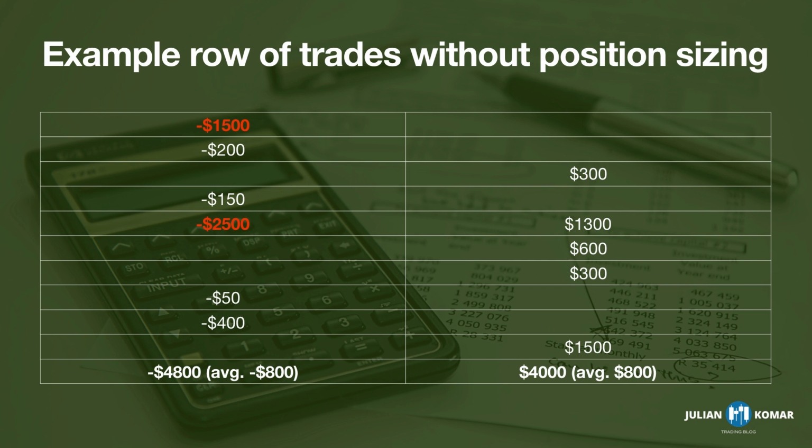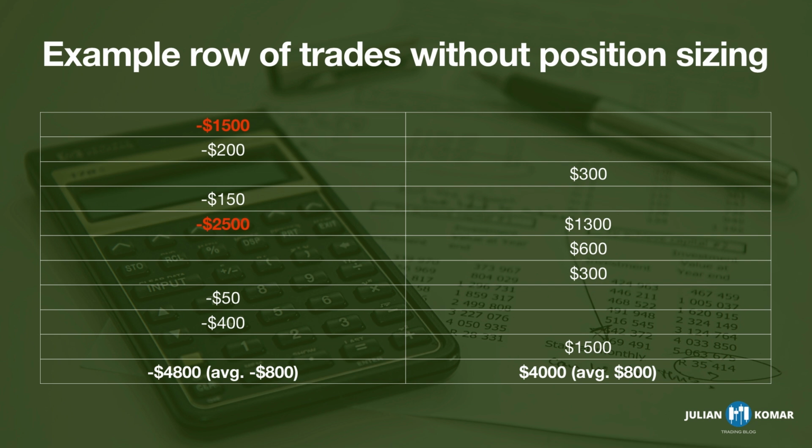And when you look at the last row, you can see the sum of your losing trades is 4,800 US dollar, and on the other side, your winning trades make 4,000 US dollar. So this is maybe more a losing strategy. If you play that strategy long enough, you will lose money.